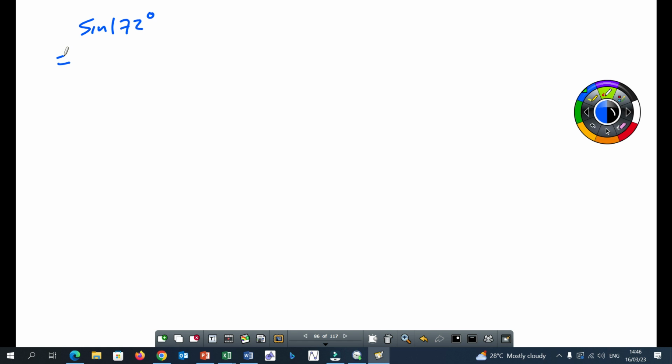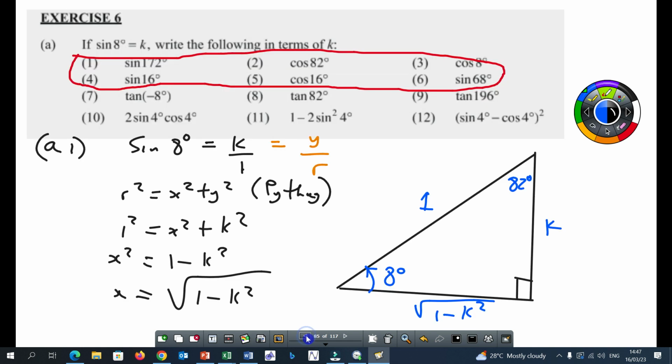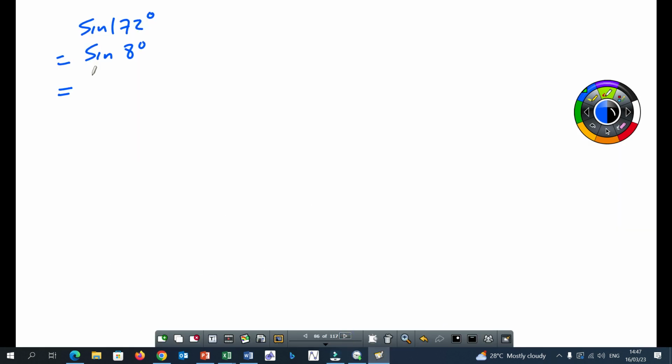Now, since that angle is obtuse, we use reduction. So this is equal to sine 8 degrees, and sine 8 degrees is equal to k. So that will be straightforward. So this will be k. So this is A1.